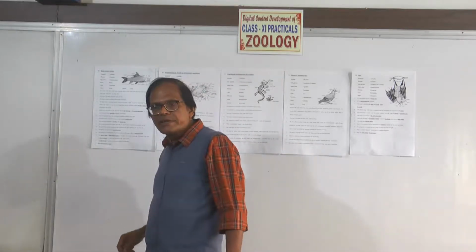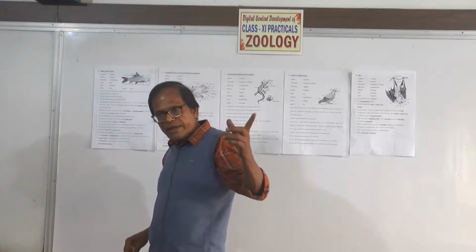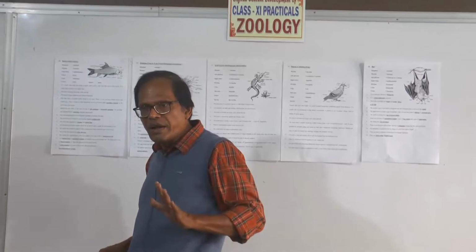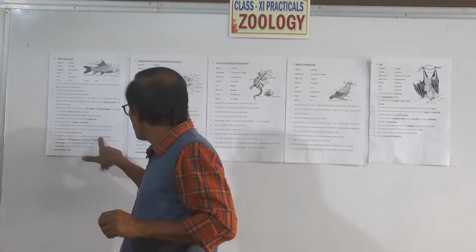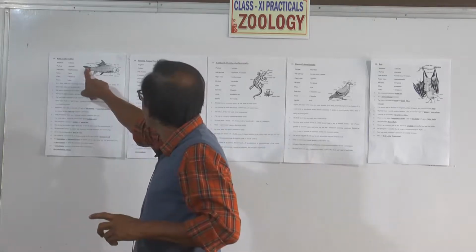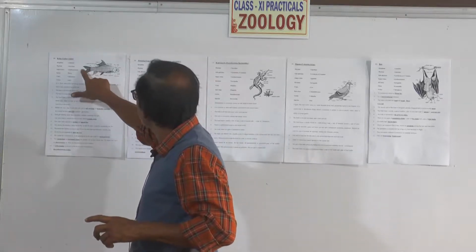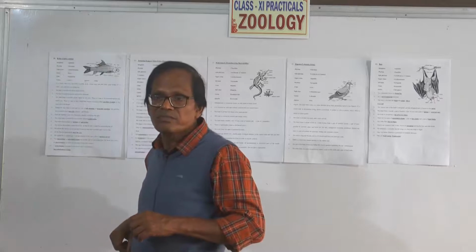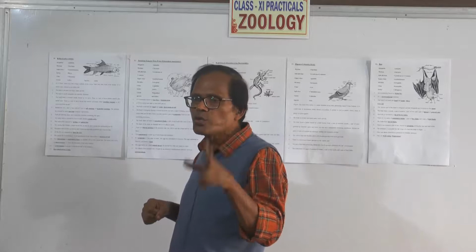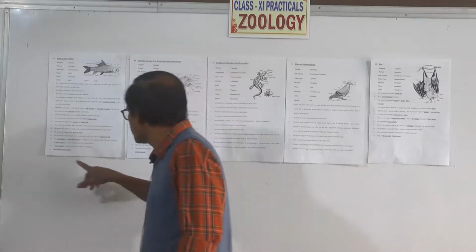The tail is symmetrical. In the case of the cartilaginous fish, the tail was asymmetrical, heterocercal. But here it is homocercal, a symmetrical tail. Look at the tail. It can be divided into two equal parts if you cut it. But you can never divide the tail into two equal halves in a cartilaginous fish.